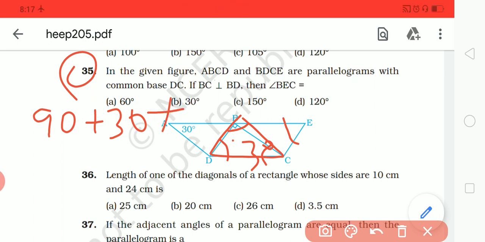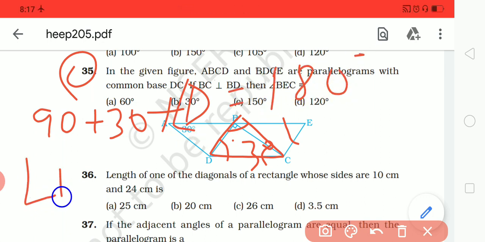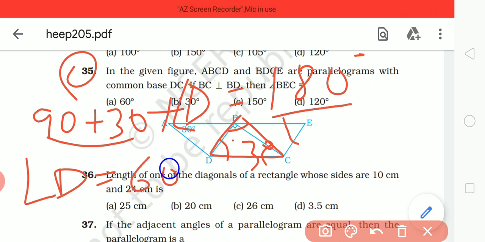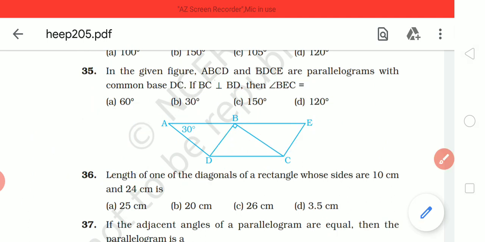So plus this angle D equals 180 degrees. So angle D is what we have to find out. 90 and 30 is 120. When subtracted from 180 you will get 60 degrees, right? So this angle is 60 degrees. In this parallelogram opposite angles are equal, so D is same as this E, right? So this is 60 degrees. So let us see which option is showing you 60 degrees.